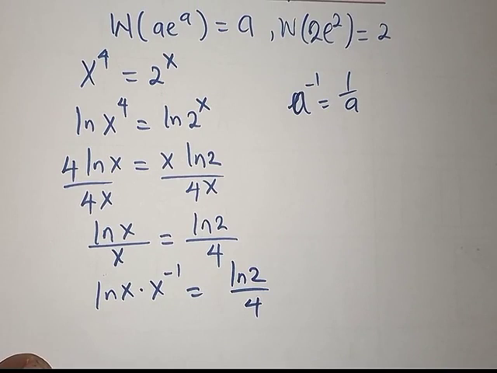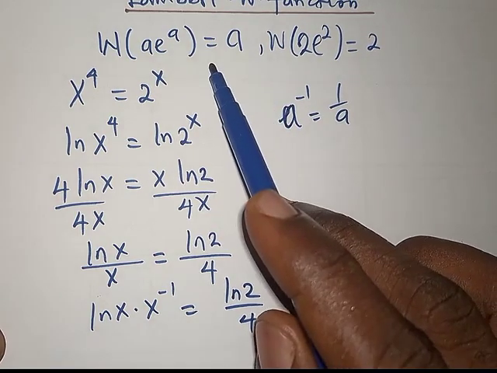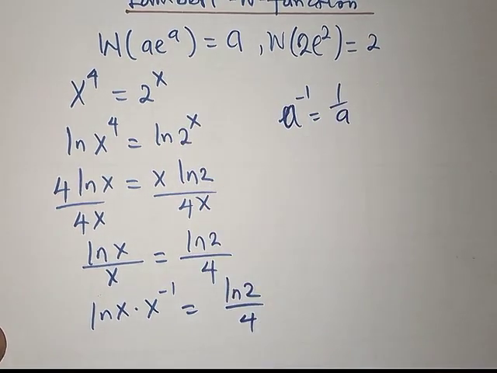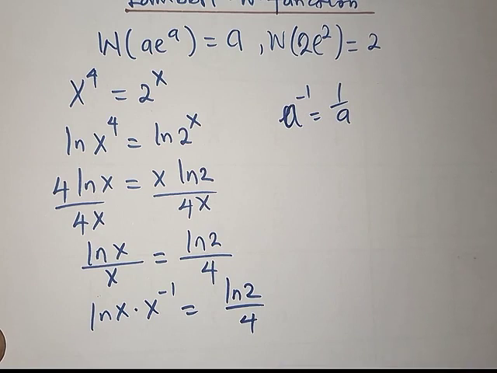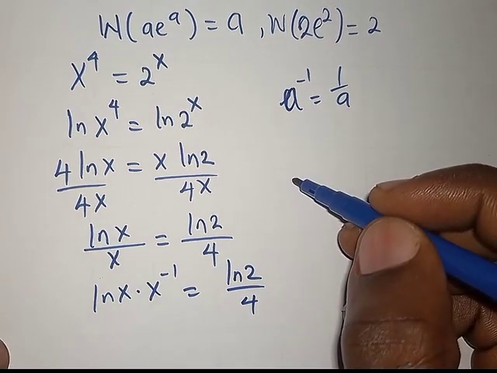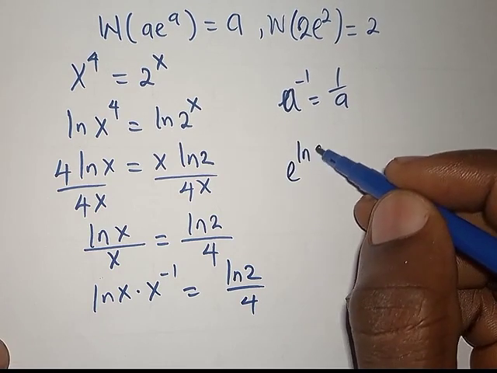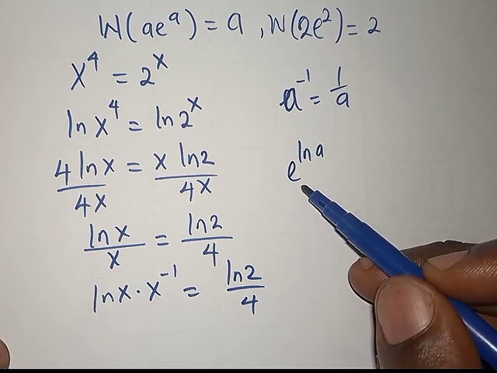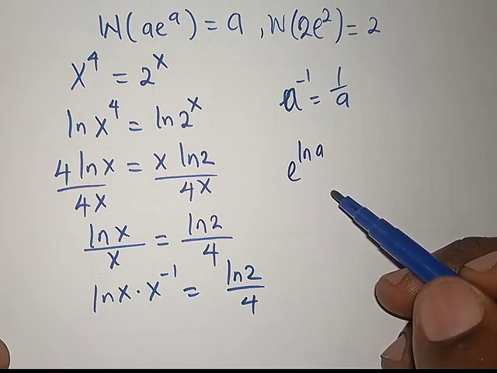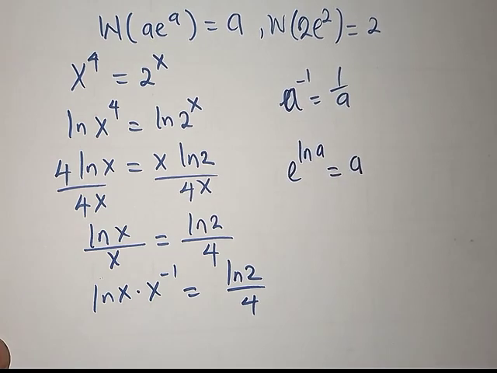So now the idea, don't forget that we have a Lambert function. Because we're going to be solving this equation, we'll be working towards something related to this Lambert function. So from there, remember also that we have something like e to the power ln a. This e and ln a are inverse to each other, so the result is going to be a.